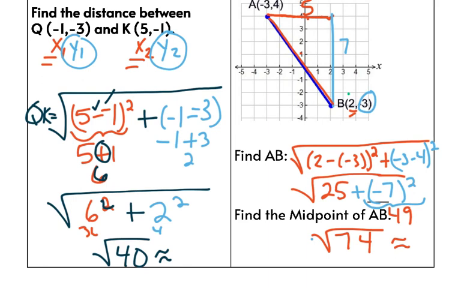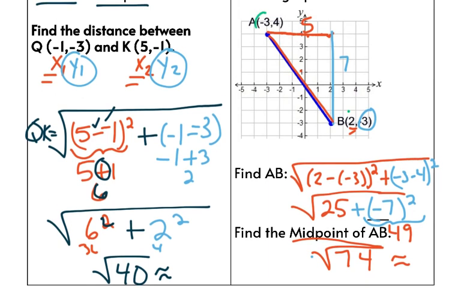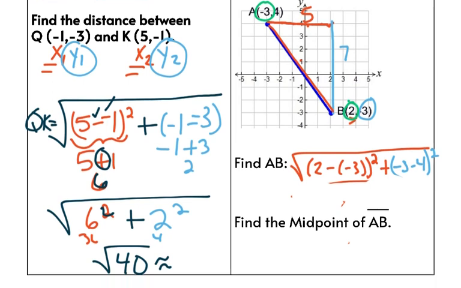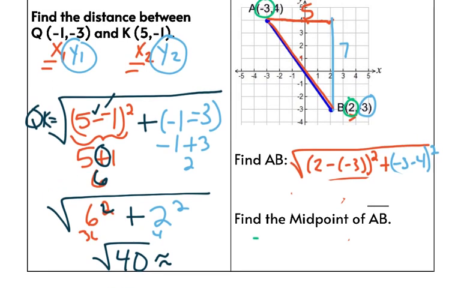How about the midpoint of AB? Well, let's go do what the midpoint formula says. It says we do x1, negative 3, plus 2. So the midpoint would be, let me erase some of this. I didn't have quite enough space on there for you guys, huh? So I would do negative 3 first x plus the second x, and then I'd average.